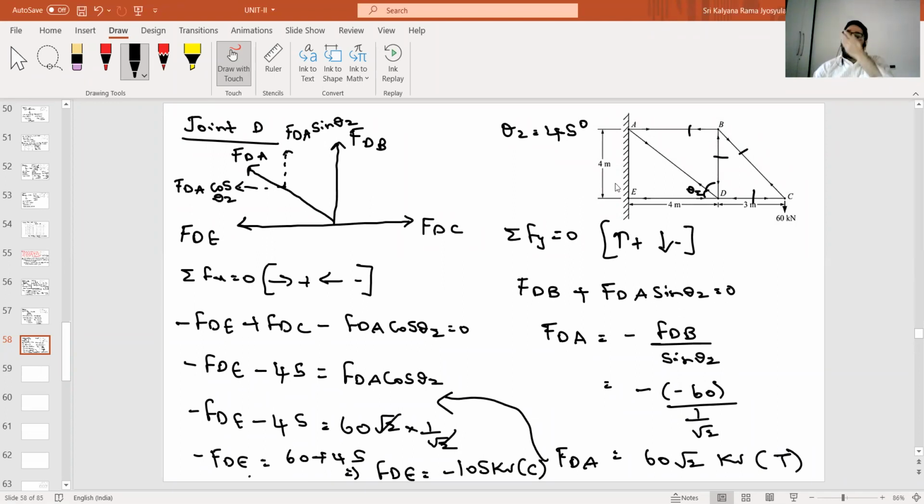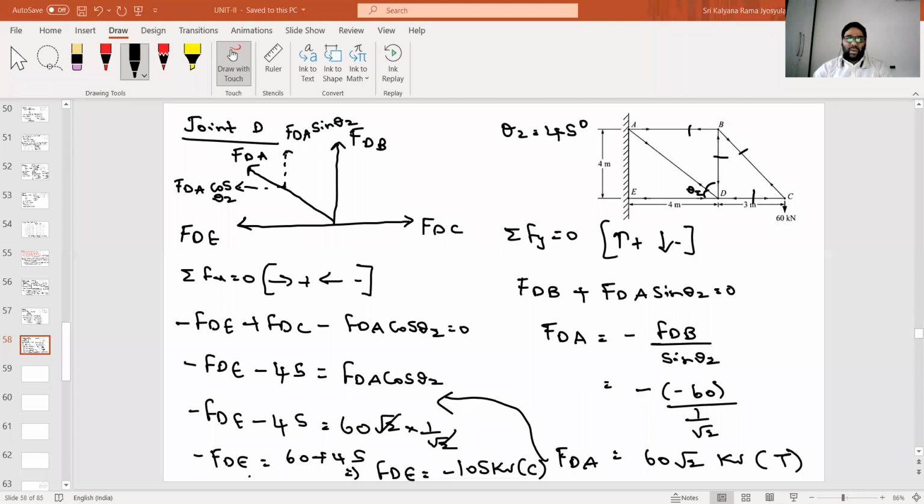So this is how we need to solve, especially for the calculation of all the forces in the members due to external loading.